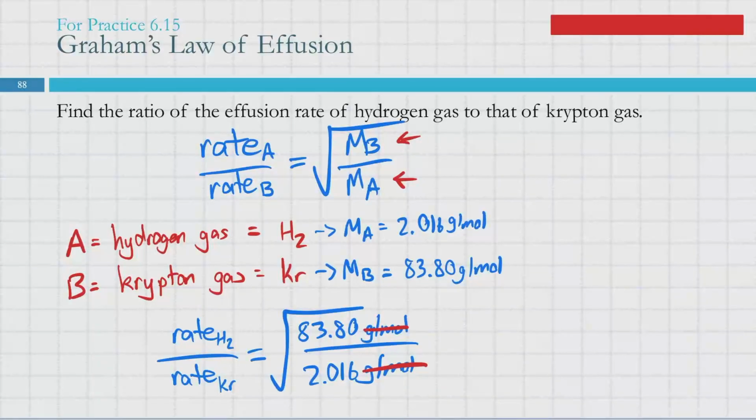So we will do the square root of 83.8 divided by 2.016, and we get a value of 6.4. We'll round it to 3 sig figs just for no real reason. It's just a nice number, so it's 6.45.